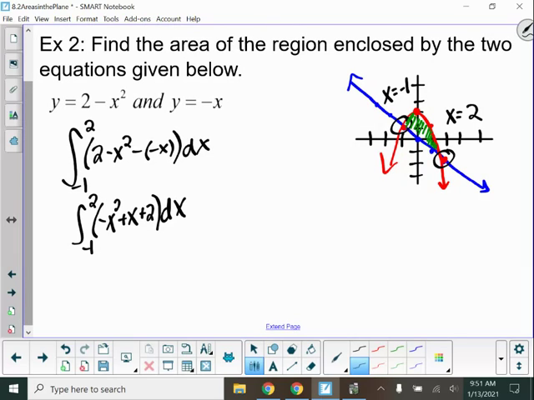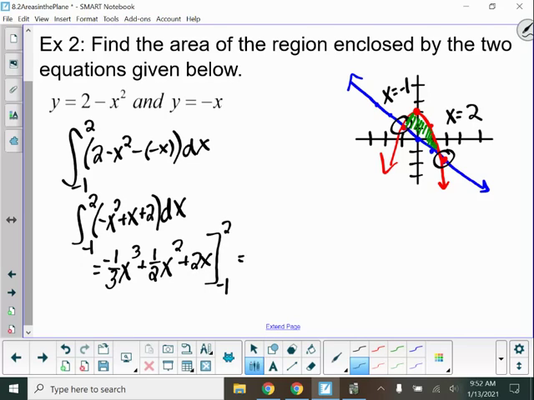So the antiderivative is going to be -1/3 x cubed plus 1/2 x squared plus 2x, and then we're evaluating from -1 to 2.